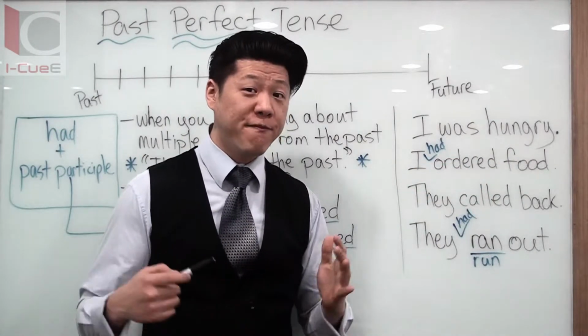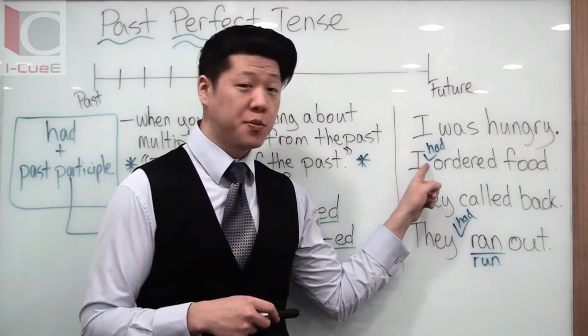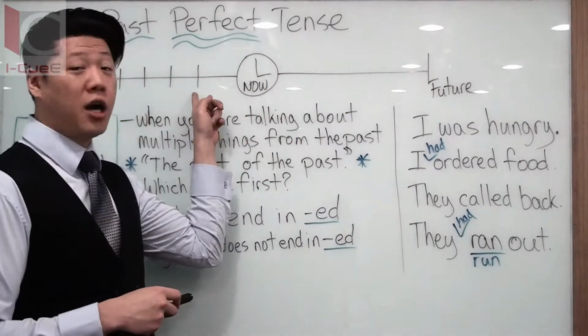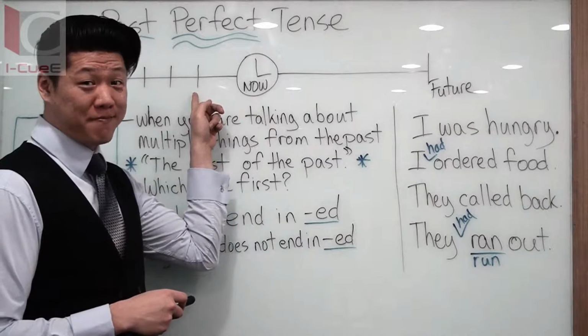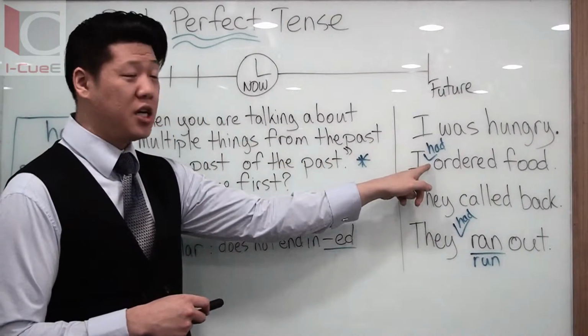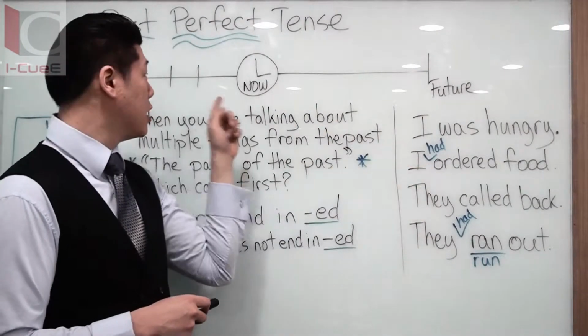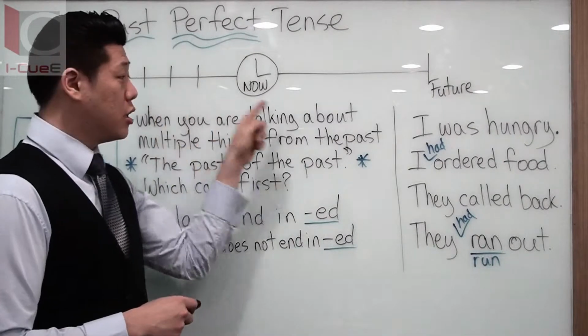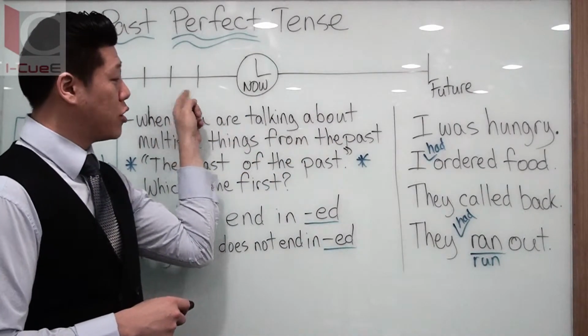Which one came first if I use the past perfect tense? Well, whenever you use the past perfect, the had pattern, you're taking it one step before. So I was hungry, I had ordered food.